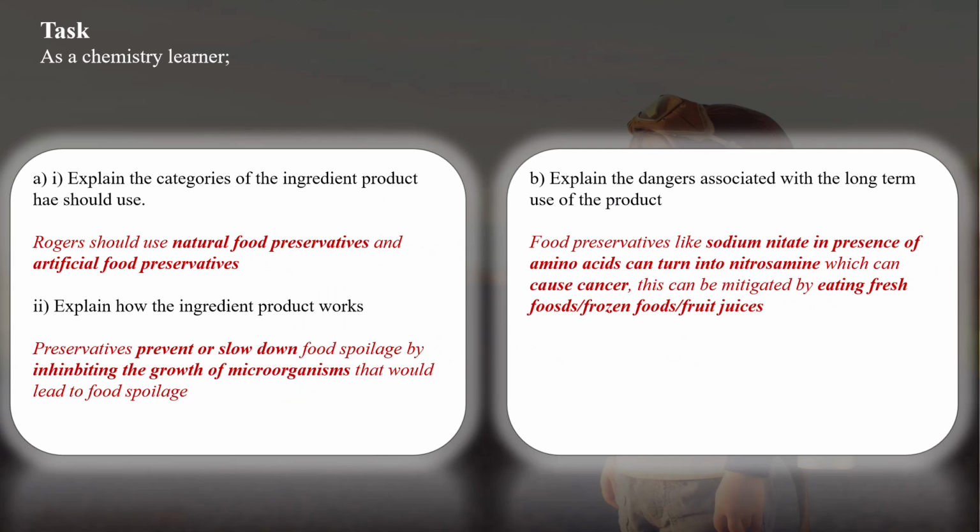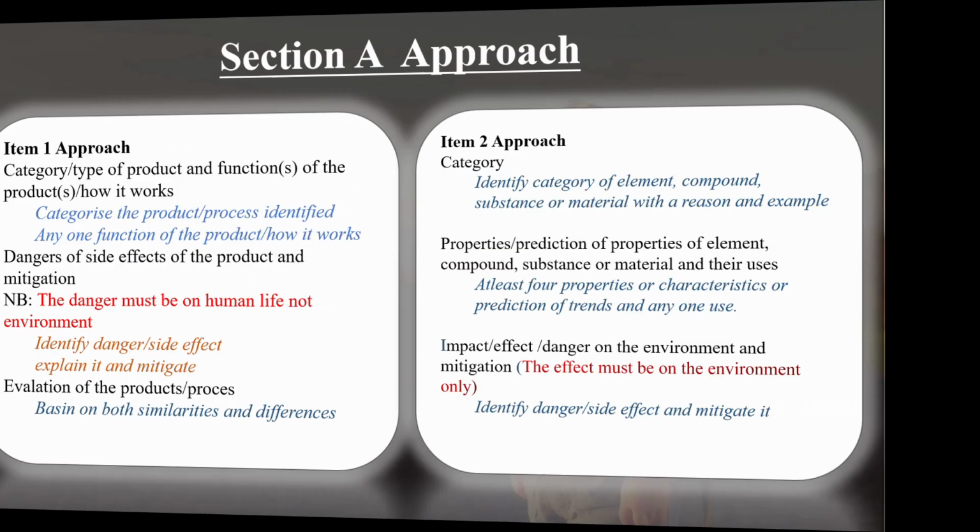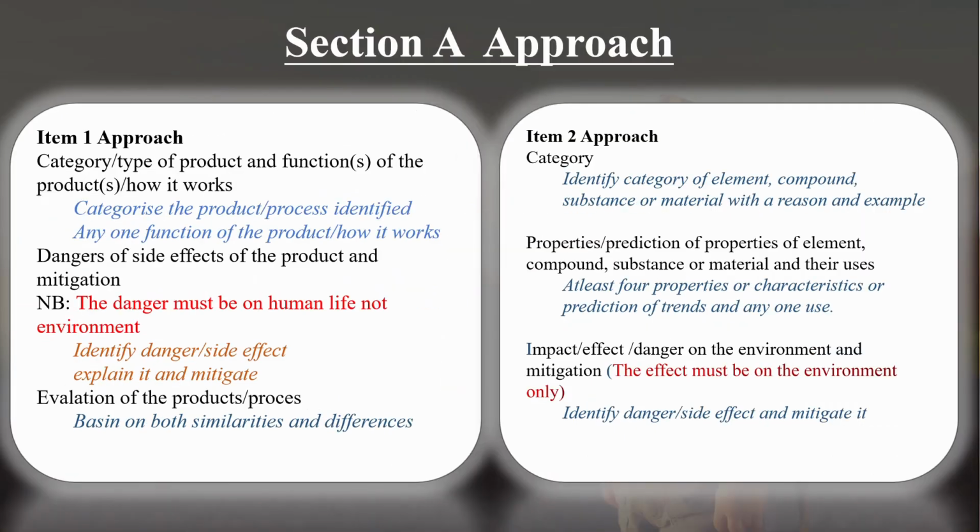Now, explain how the product works. How do the food preservatives work? You remember our previous slide. The approach says categorize the product or the process identified, then explain any one function of the product or how it works, then go to the danger or the side effect and mitigate it.